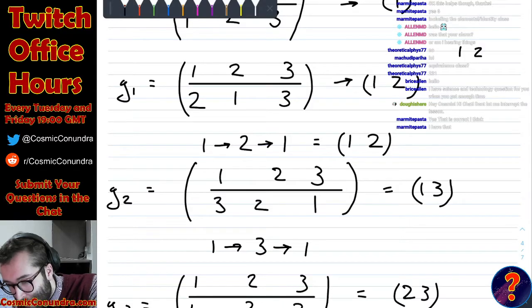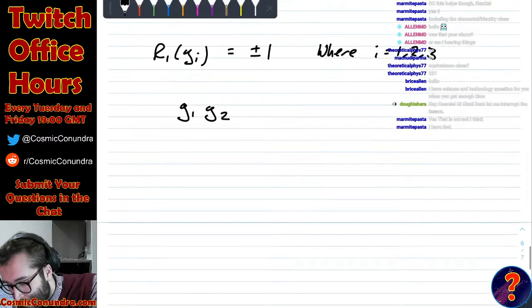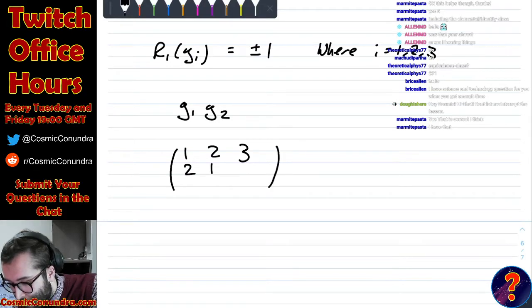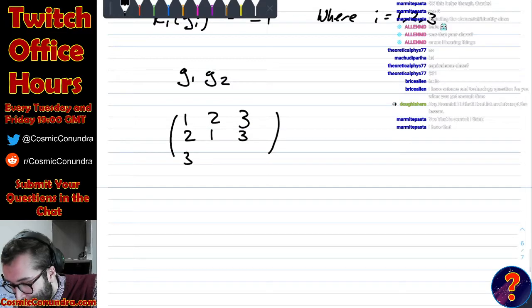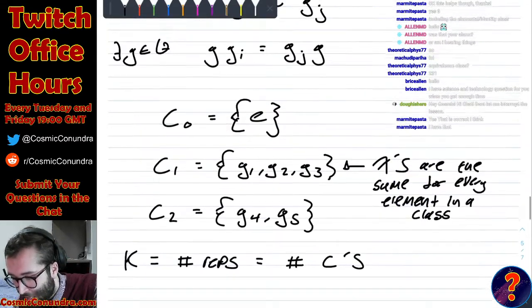Oh, hang on, I'm writing somewhere where you can't see, aren't I? First it's 1, 2, 3. Then we swap 1 and 2, so we have 2, 1, 3. Then we swap 1 and 3, so we have 3, 2, 1. So this is our arrangement after doing G1, then G2.